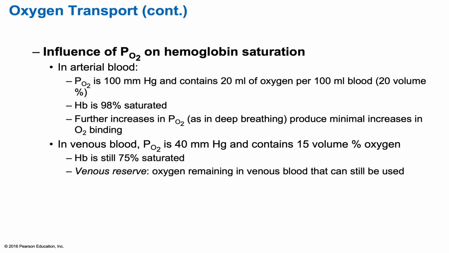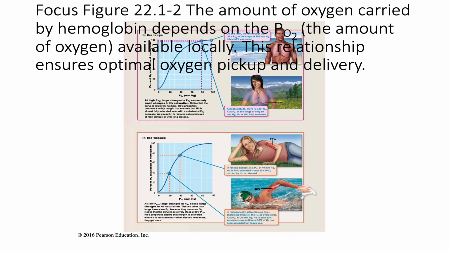This gives us a hemoglobin saturation of about 75% and an oxygen content of about 15% in venous blood. What does this mean? It means we still have quite a bit of oxygen available in venous blood, and we can use this later on. This is what we call the venous reserve.